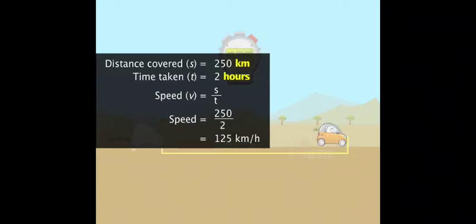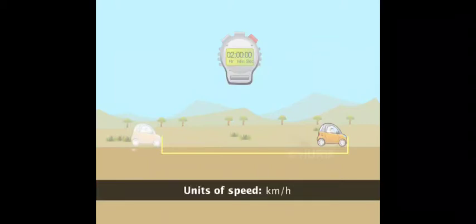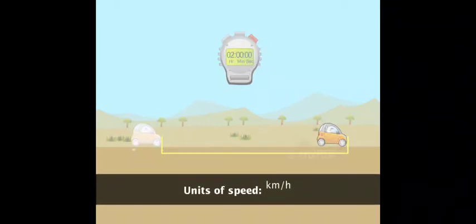Hence, the unit of speed is kilometer per hour. The speed of objects covering larger distances is generally expressed in kilometers per hour. The speed of objects covering smaller distances is expressed in meters per second.